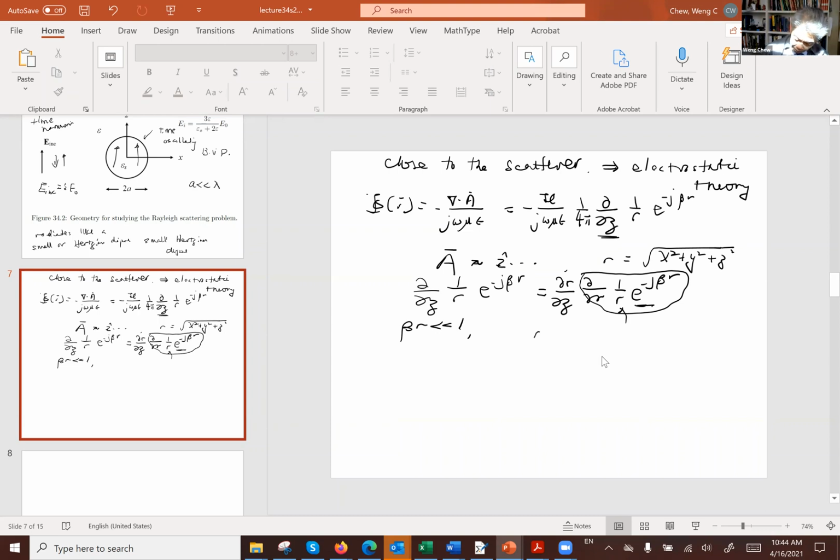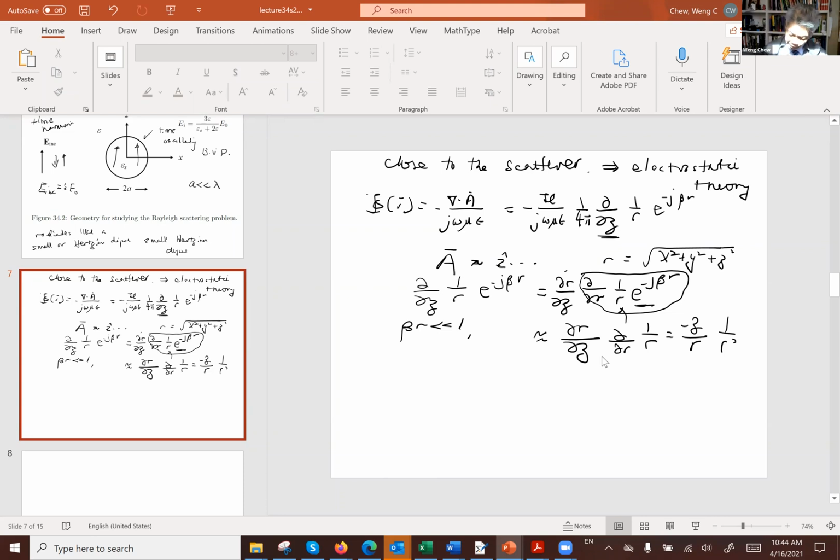So then this would be just partial R, partial z, partial R of 1 over R. When I differentiate this, you will get z over R times 1 over R squared with a minus sign out front.